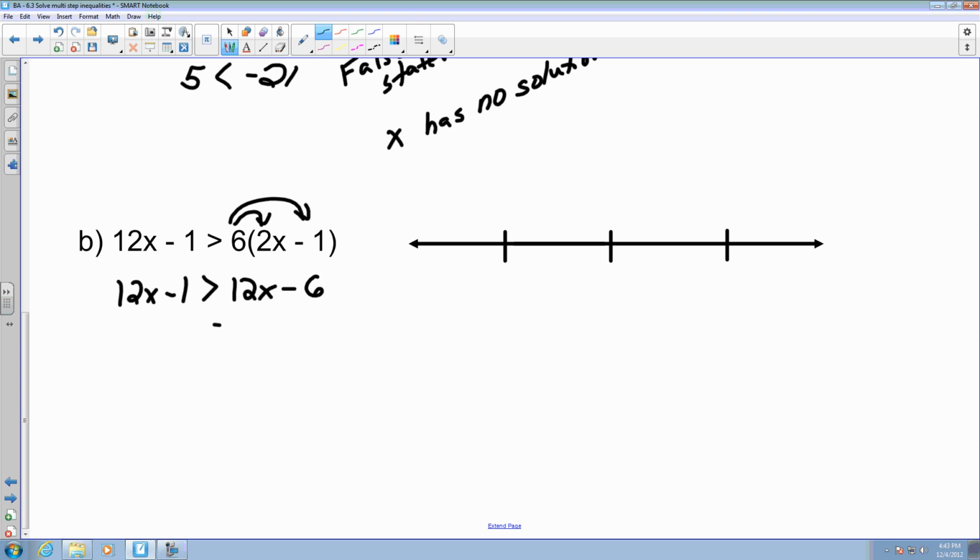So I'm going to subtract 12x from both sides, which cancels out, which makes it 0, and now I have negative 1 is greater than negative 6. Is that a true statement? Yes, it is. Negative 1 is greater than negative 6. So I can conclude that this is a true statement.